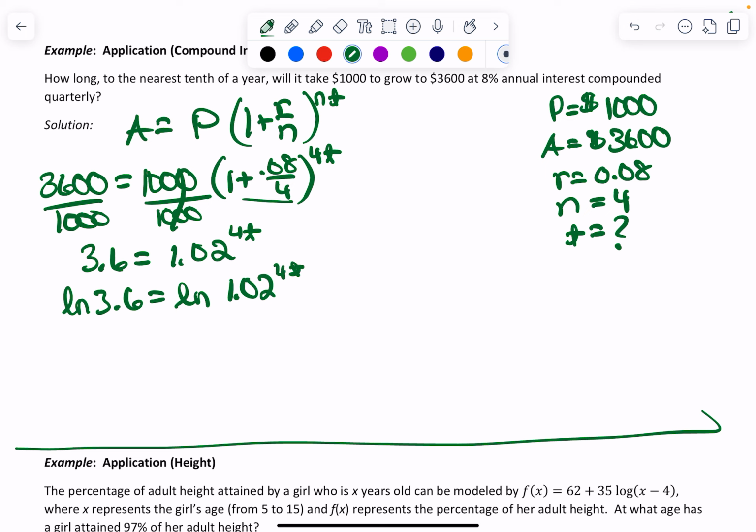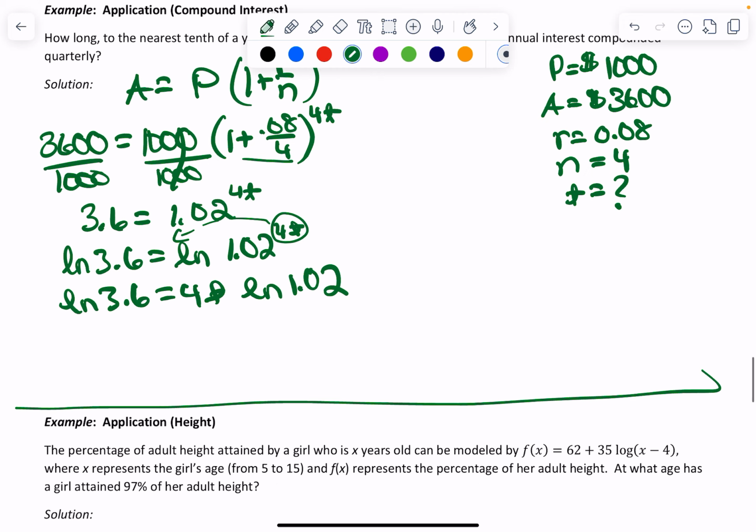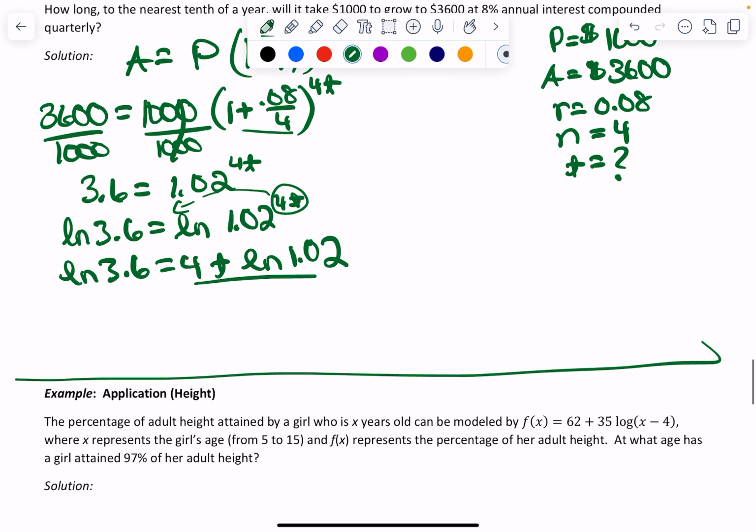Now we can bring the 4t to the front with the power rule. So 4t natural log of 1.02 equals natural log of 3.6. Now we divide by 4 natural log of 1.02 on both sides.